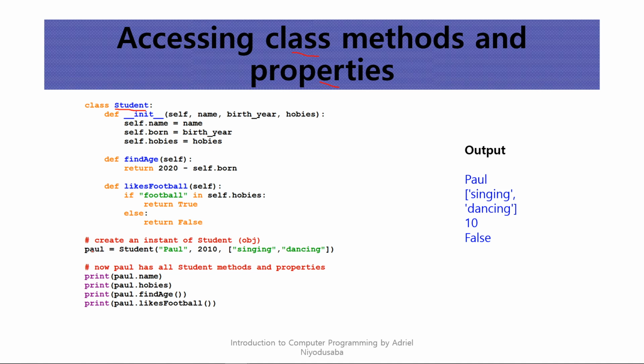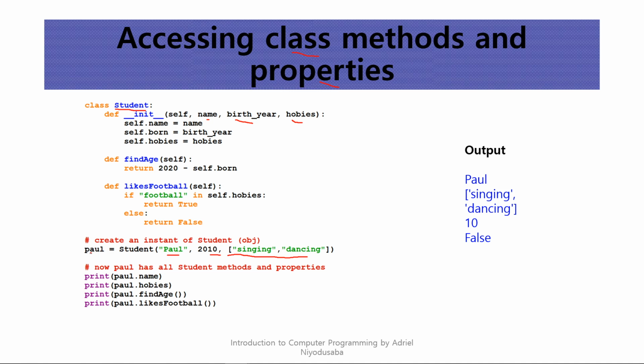So when this person creates an instance called Paul, an instance of student with the name Paul, the birth year passed in as 2010, and the hobbies passed in as this list of all his hobbies.